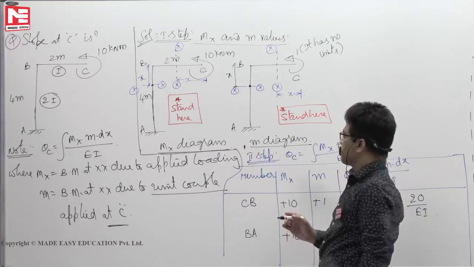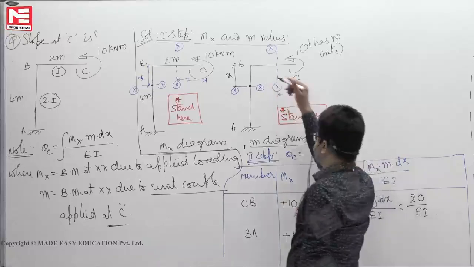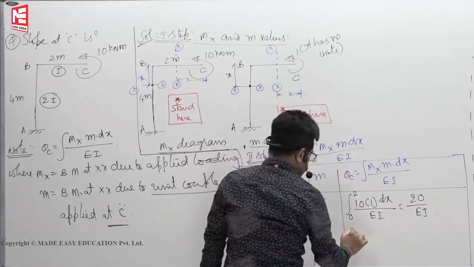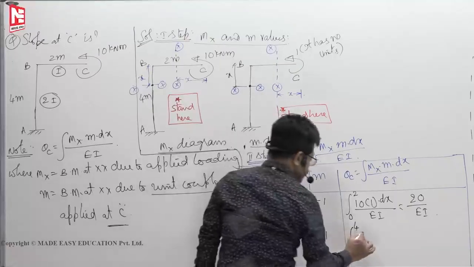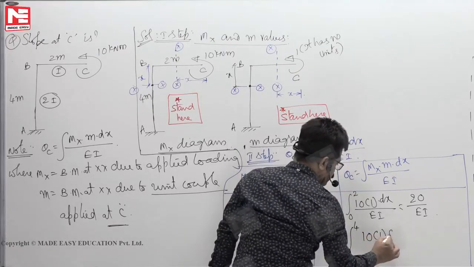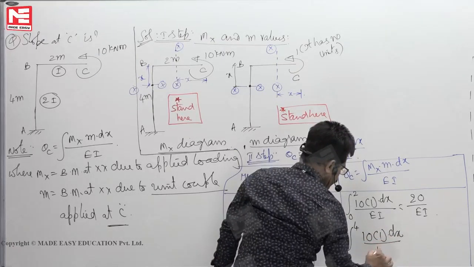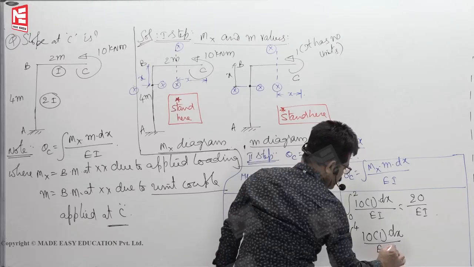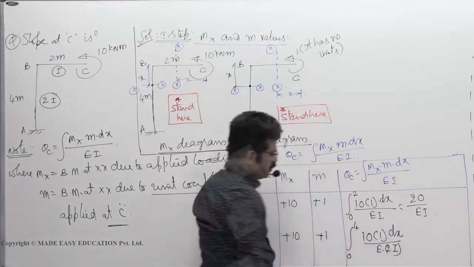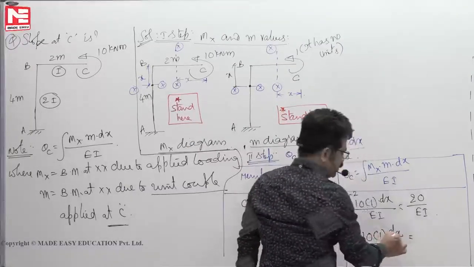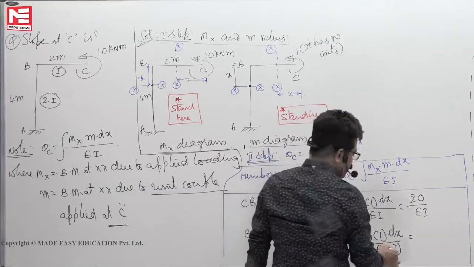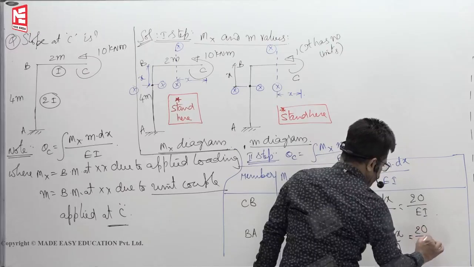Now, mx m, limits of integration are 0 to 4. Mx is 10, m is 1 into dx by EI. I value you have to be careful. This is 2I for the member AB. So 10 into dx means 10 into x is 10 into 4, 40. 40 by 2EI means 20 by EI.